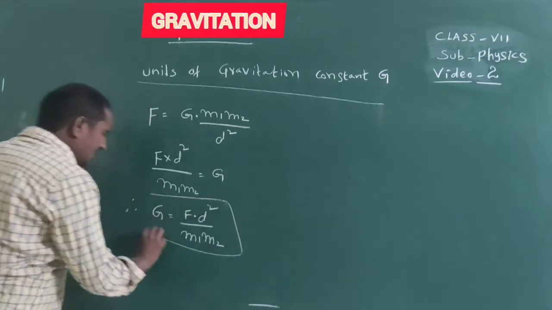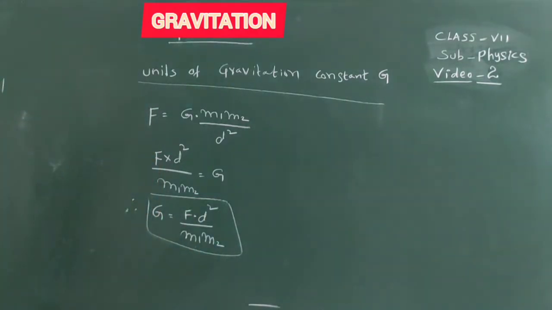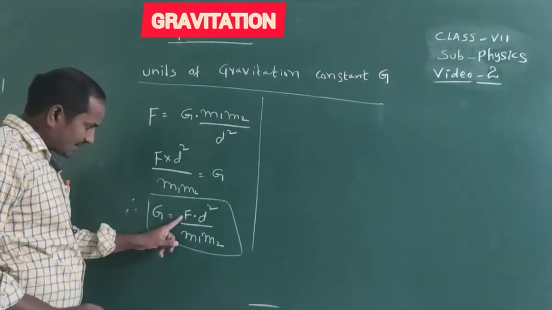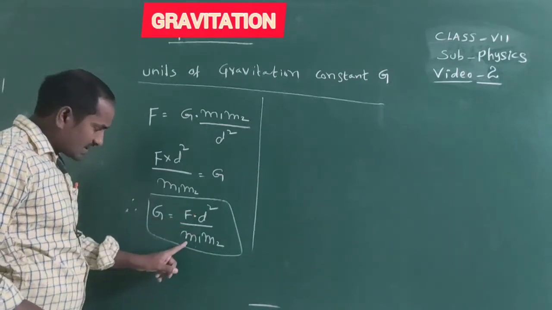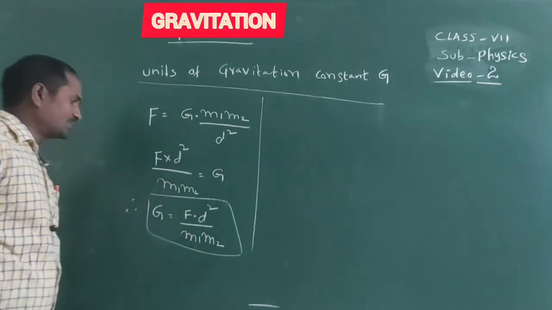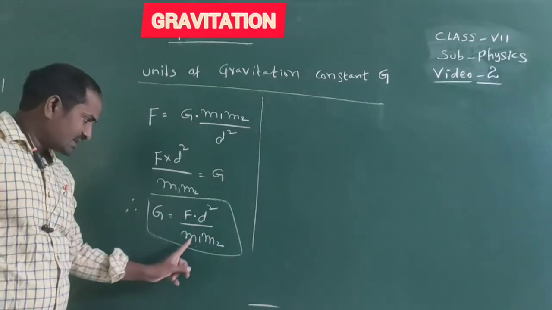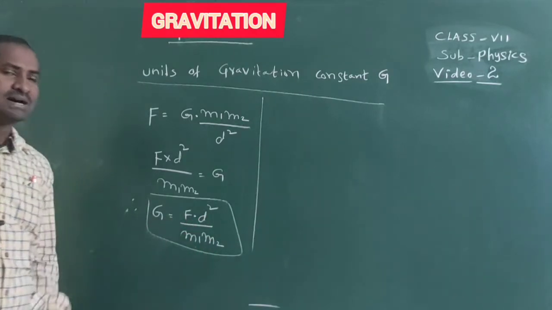It is the universal gravitational constant G formula. From this equation, G equals F d square by m1 m2, where F is the force, d is the distance, and m1 and m2 are the masses.